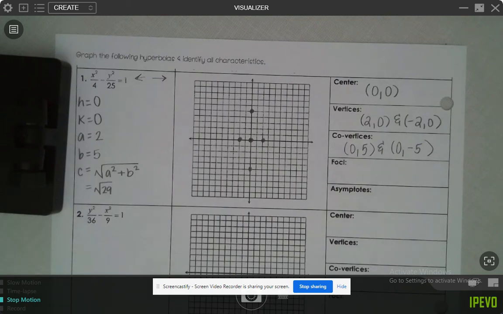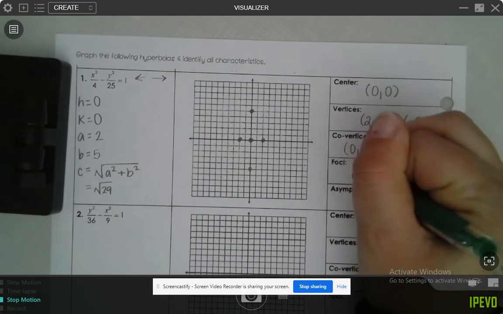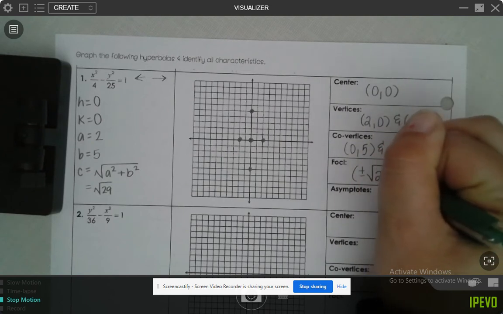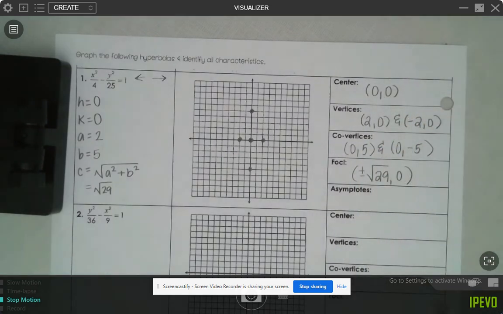Which way is it stretching? Horizontally. The foci always go with the what? We don't have major axis now. Foci always go with the vertices. So what did I add? Vertices always go with A. What did I add the A to, the X or the Y? The X. So you're going to add the C value to the X. So plus or minus radical 29.